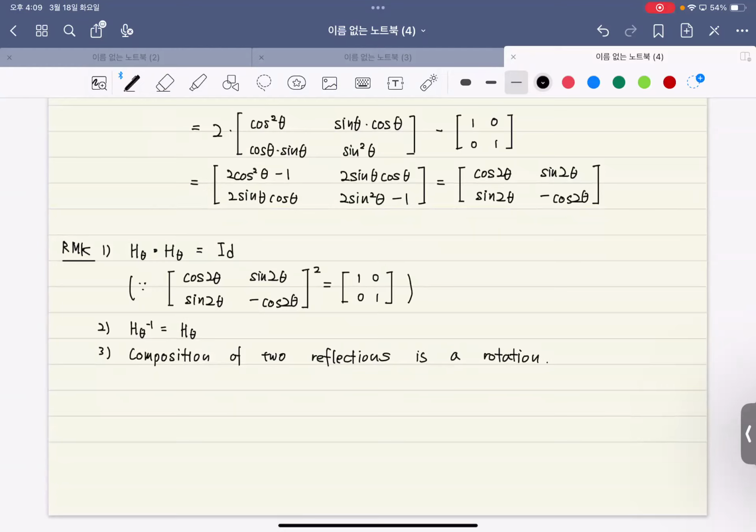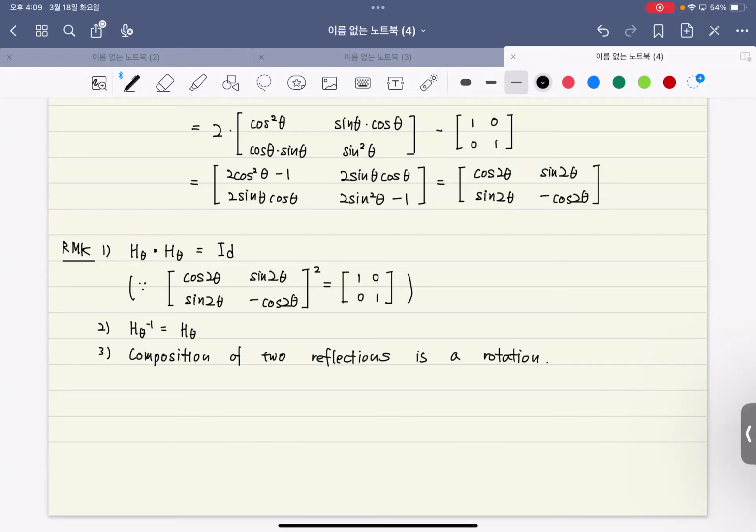Wait, is it really true? How do I explain this? Yeah, remarks number 1 and number 2 were quite obvious to me, but number 3 is not that obvious. To explain, I have two possibilities.